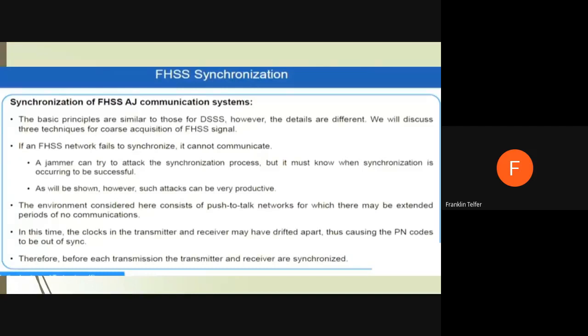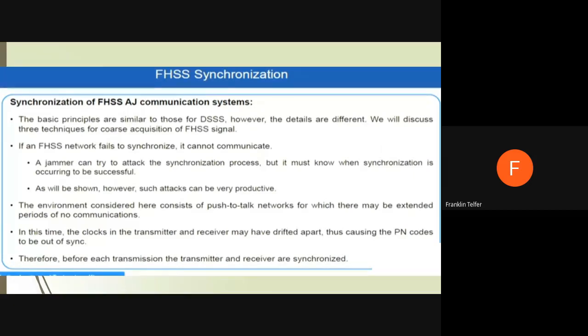A jammer can try to attack the synchronization process, but it must know when synchronization is occurring to be successful. So a jammer in a channel can get your data by knowing the synchronization process or by attacking the synchronization.